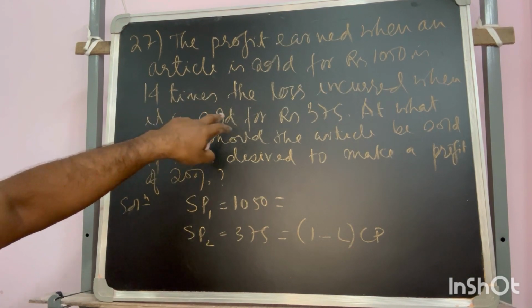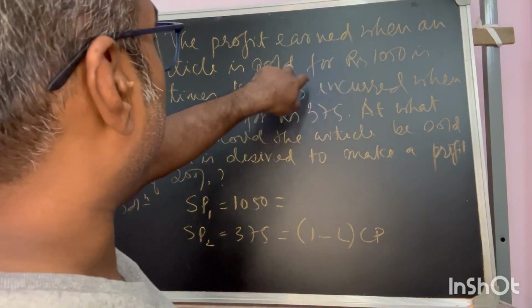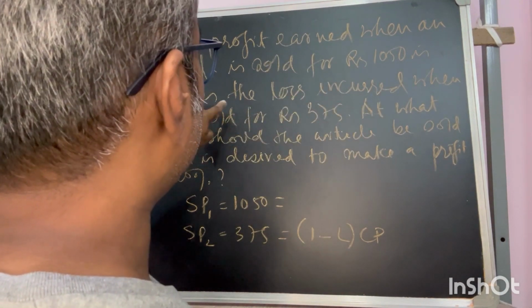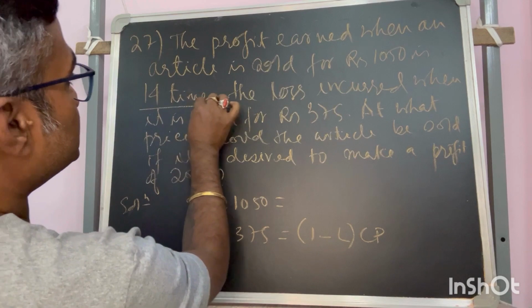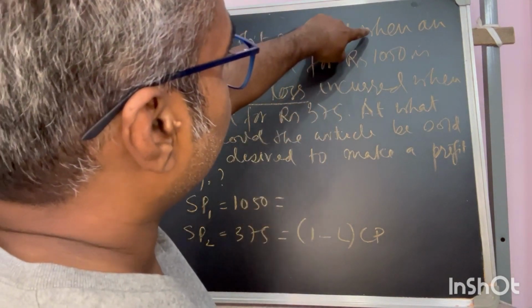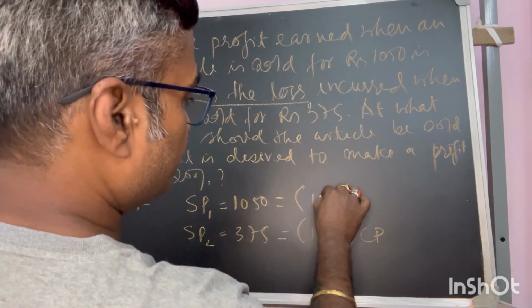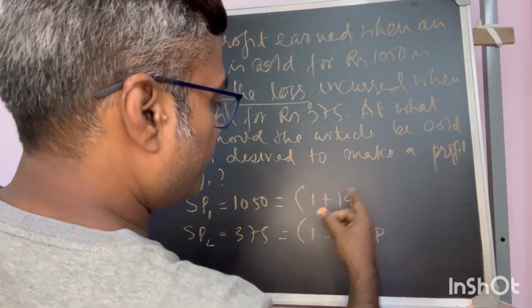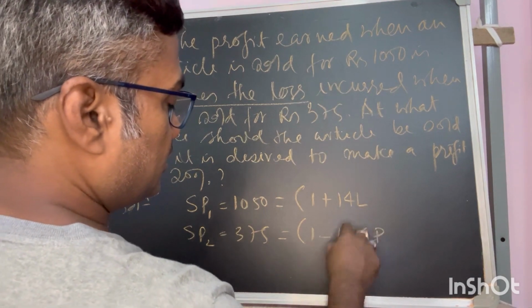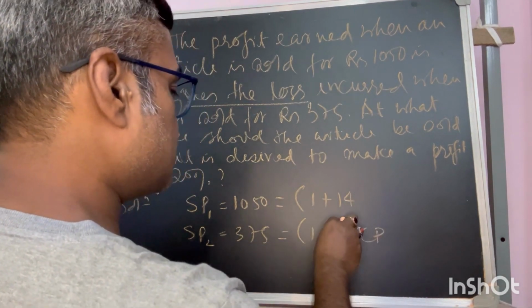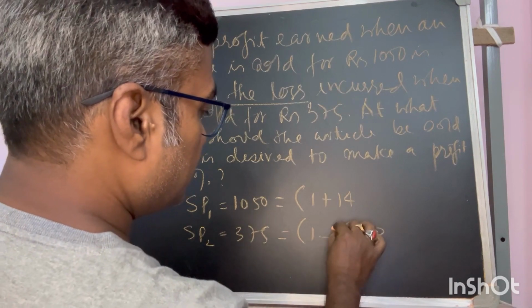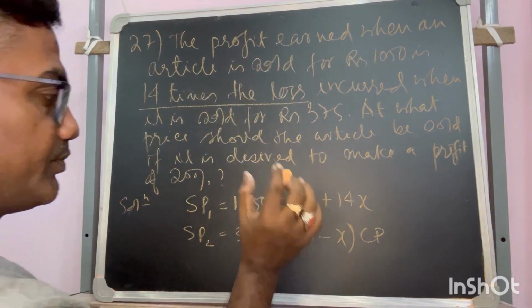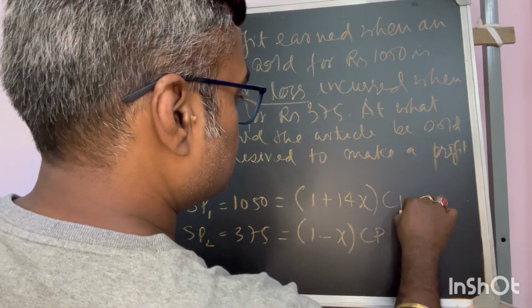The 14 times the loss is the profit for the first case. If I represent the loss by X, this will be 14X, price-wise, into CP.